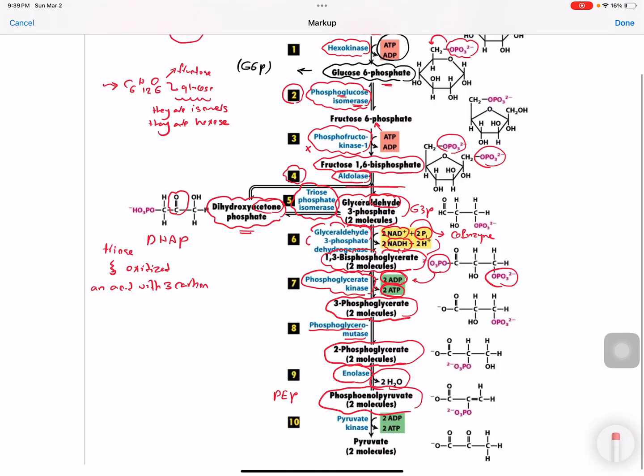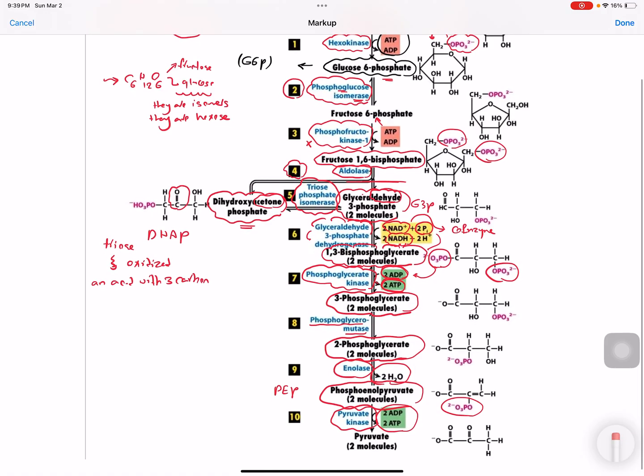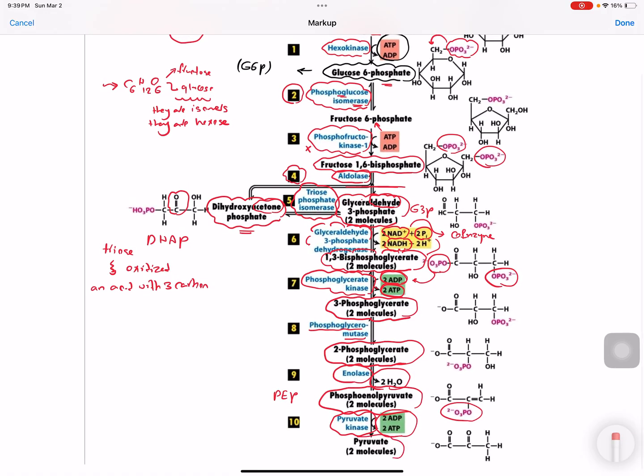That is a very high energy molecule. After that, the enzyme that is called pyruvate kinase transfers the phosphate group from phosphoenolpyruvate to ADP, forming ATP and pyruvate. So, since this happened twice, we generate two more ATP molecules.